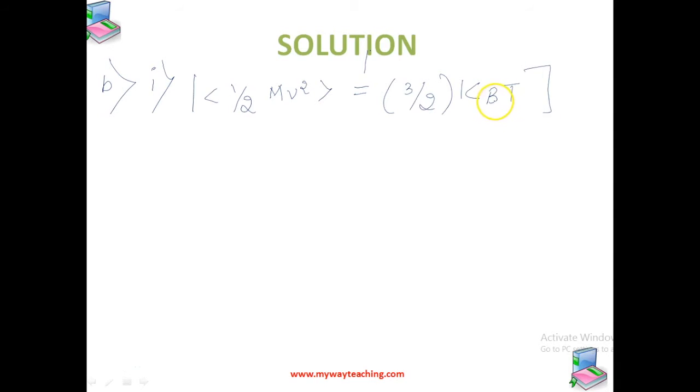And it is typically of the order of square root of kB into T by m.